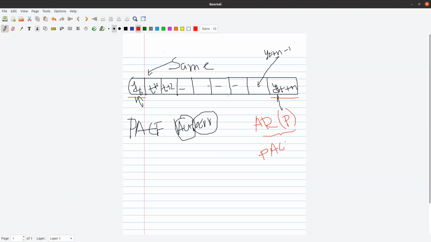PACF, partial autocorrelation function. You should have some understanding of what this is, so that's what I am going to discuss here. They are calculating the autocorrelation, but this is not the simple autocorrelation.